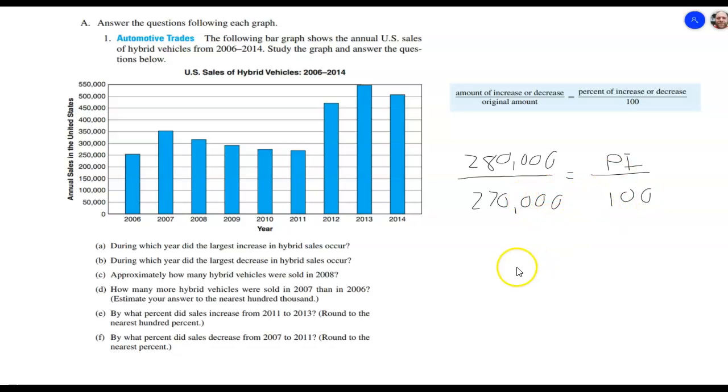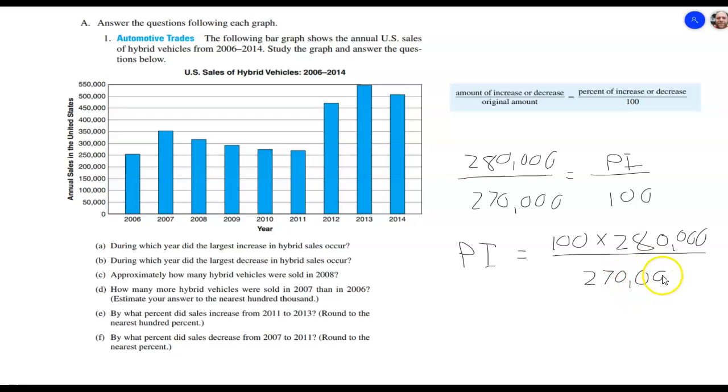All right, so we cross multiply and divide like we did before. So the percent increase is going to be equal to 100 times the 280,000, all over the 270,000. Let's take a look at what that is here.